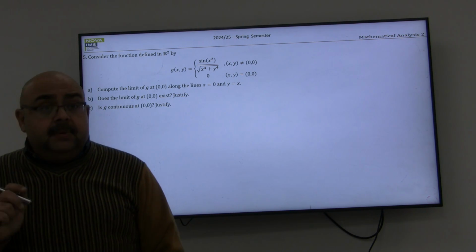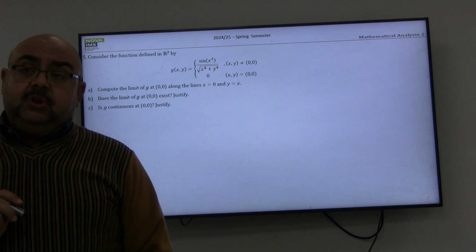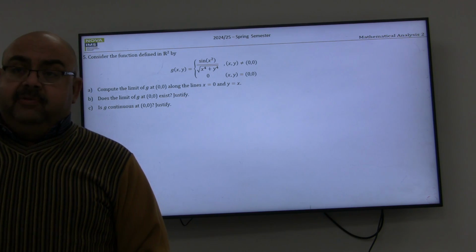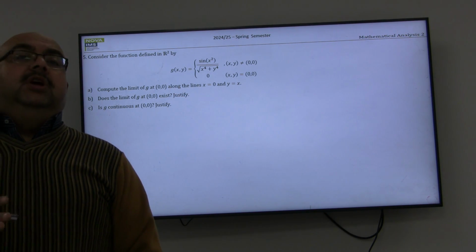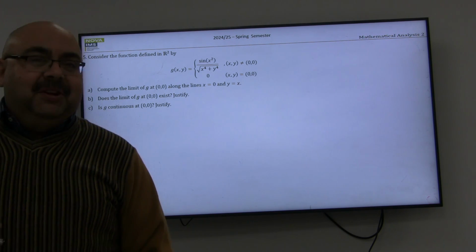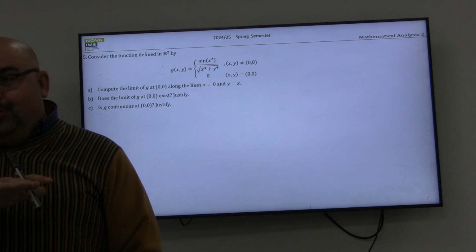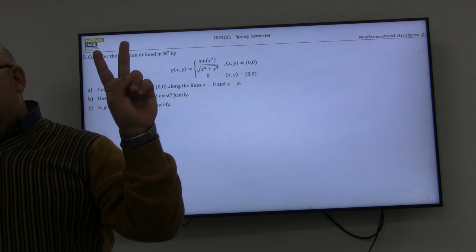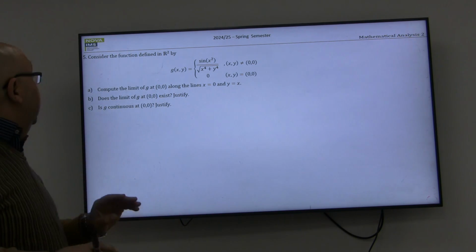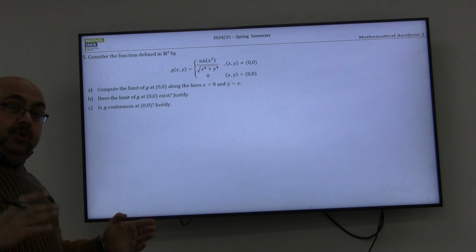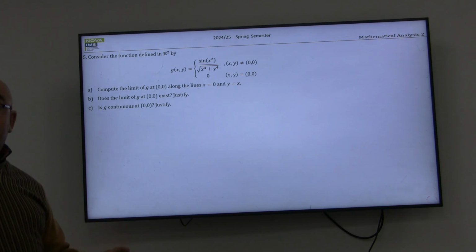In this step, as I told you, this is a problem from a midterm. He doesn't want everyone to use a different path. So he wants you all to use how many paths? Just only 2. The x equal to 0, which is the y-axis, and the line y equal to x.